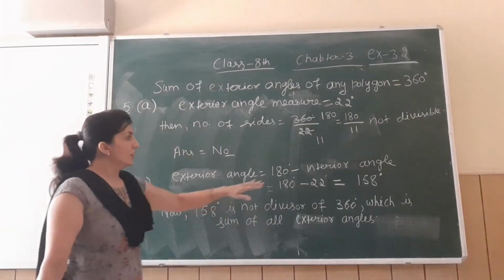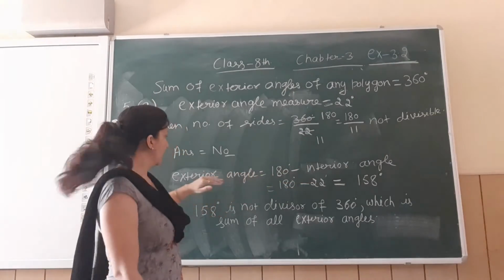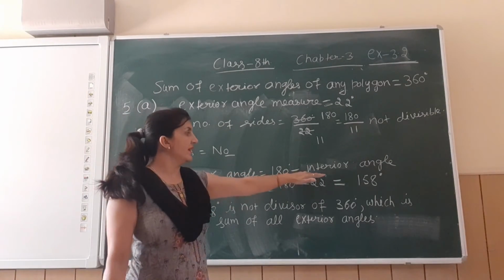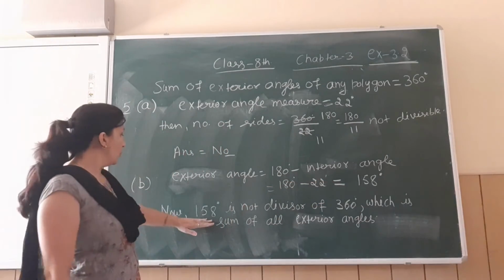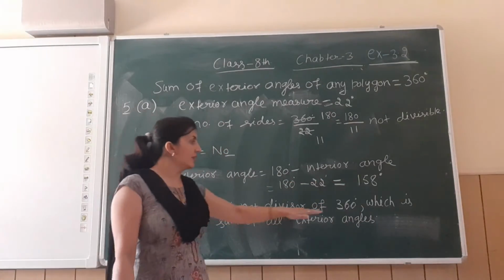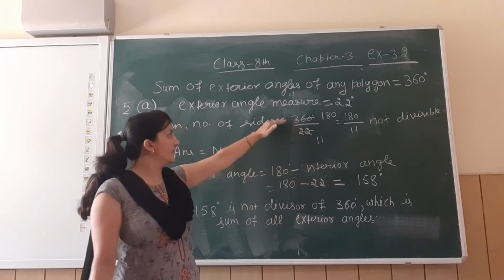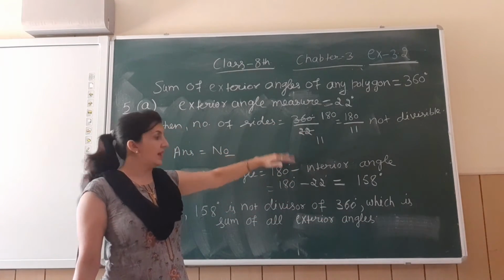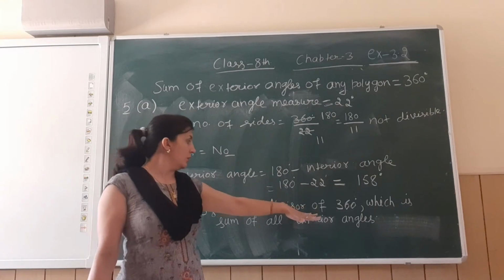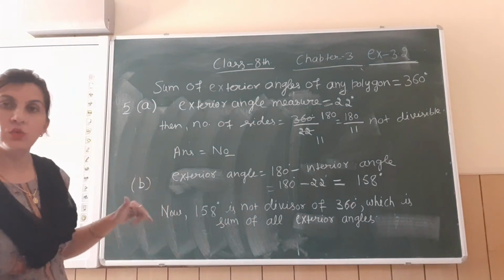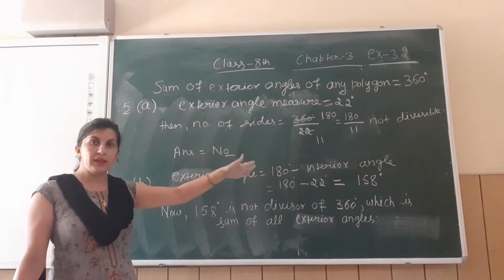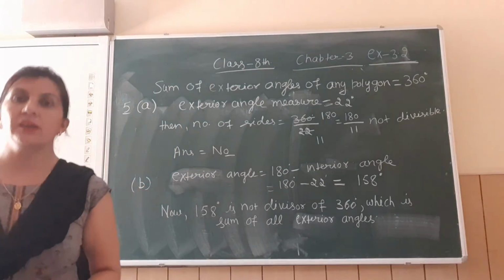If 22 degrees is the interior angle, then what will be the exterior angle? 180 minus the interior angle, 180 minus 22, is 158. And 158 is not a divisor of 360, which is the sum of all exterior angles. So 22 degrees cannot be an interior angle, and cannot be an exterior angle, of any regular polygon.